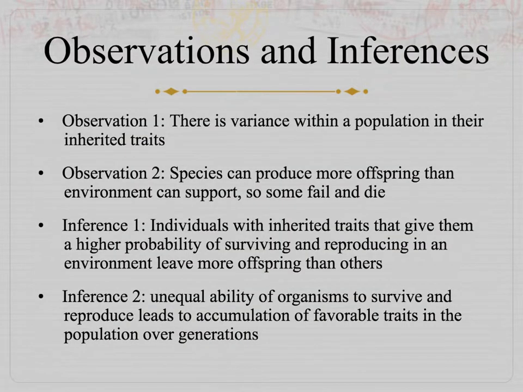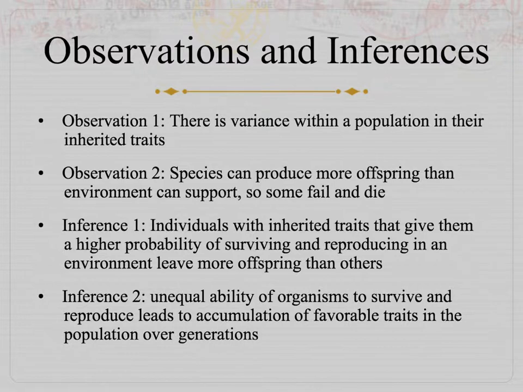Okay, so Darwin had a couple different observations and inferences that we're going to discuss. And here are his two observations. First, there is variance or differences within a population in the traits that they can inherit. There's brown hair and blonde hair, black fur and white fur. Observation 2 was that species can produce more offspring than the environment can support.